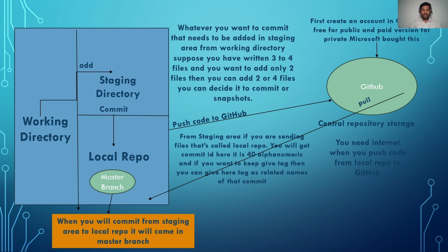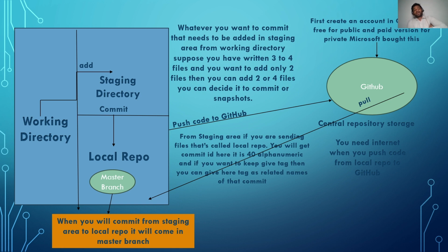Till then I would like to speak about the staging. When you send files from the staging area to the local repo, you will get a commit id. Here it is 40 alphanumeric characters, and if you want, you can give a tag with a related name for that commit.